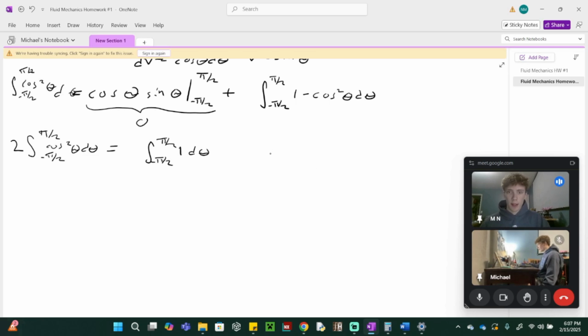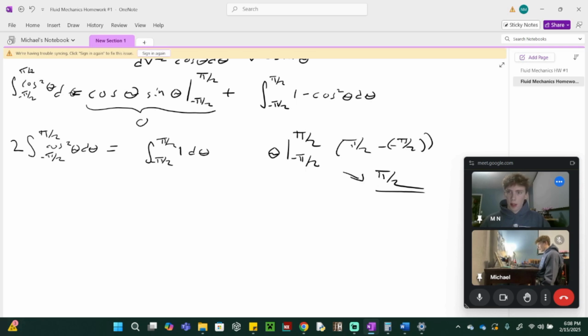So then we get theta from negative pi over 2 to pi over 2, and we get pi over 2 minus negative pi over 2, which gives us pi.